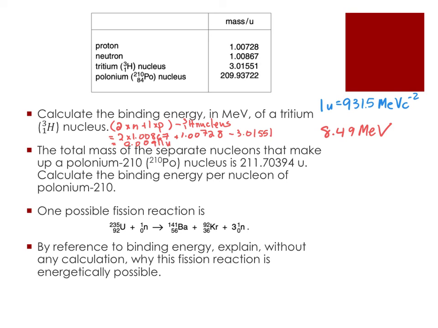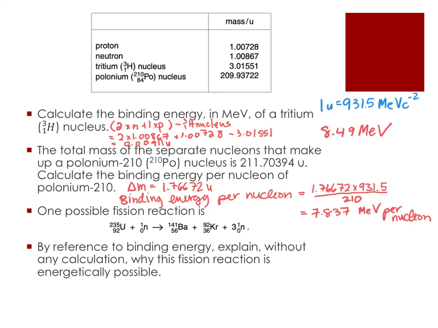So hit pause and test it out. Using the values from the chart, you should find that your change in mass is going to be 1.76672 atomic mass units. But it's asked for the binding energy per nucleon. So make sure you've tried it out.